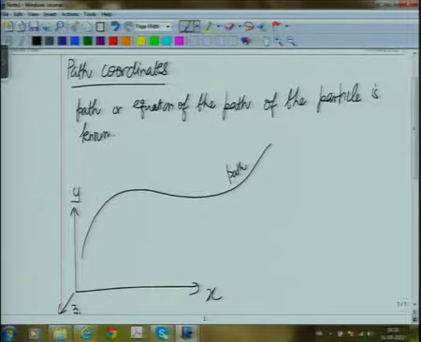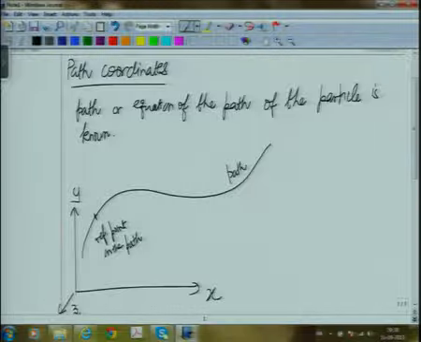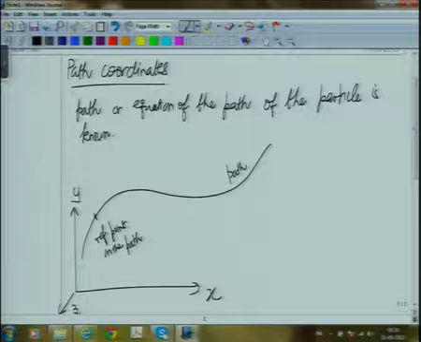So, what we do here is, first of all, we choose some reference point on the path, which is the initial point. It may be the point where the particle starts or somewhere along the path, and we will say this is the position where the particle is at time t equal to 0.